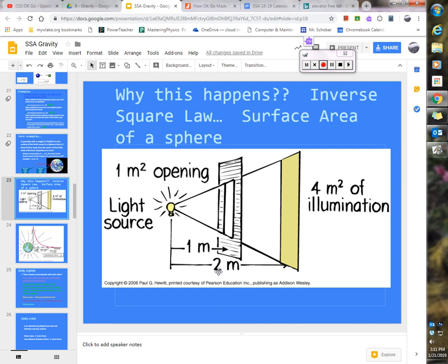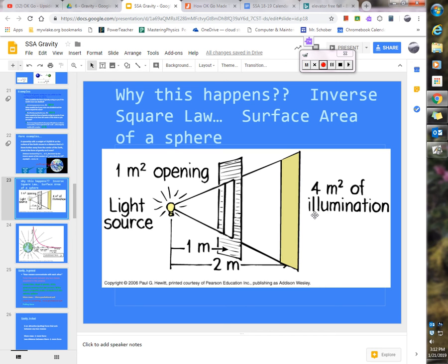Light also works this way. Think about you have this central light source here, and as that light radiates out away from the light bulb, the light has a tendency to spread out. If you look at the area of this inner square compared to the area of this outer square, if you do the math here, the area of this outer square made from the light as it spreads out is going to be 4 times as much as the light that comes through this inner square.